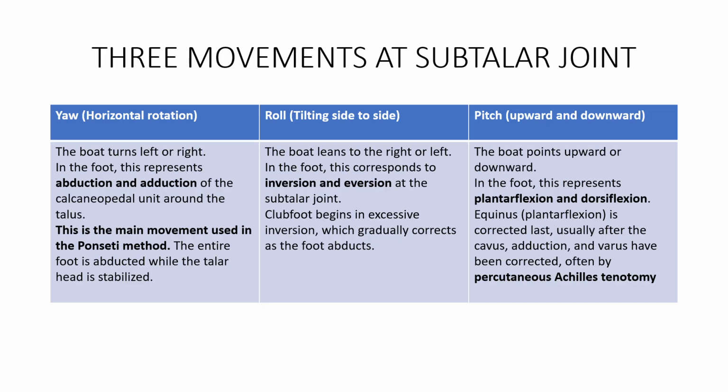It is similar to abduction and adduction of the calcaneopedal unit around the talus. And this is the main movement used in the Ponseti method to correct the foot deformity while the talar head is stabilized.